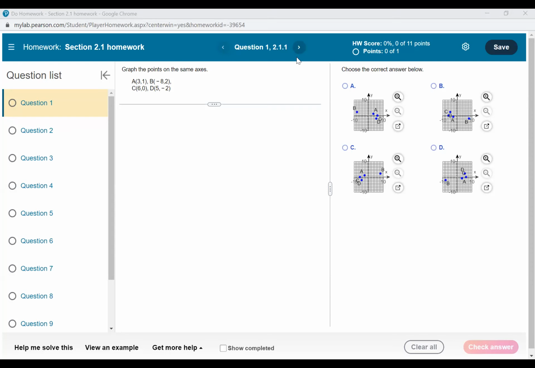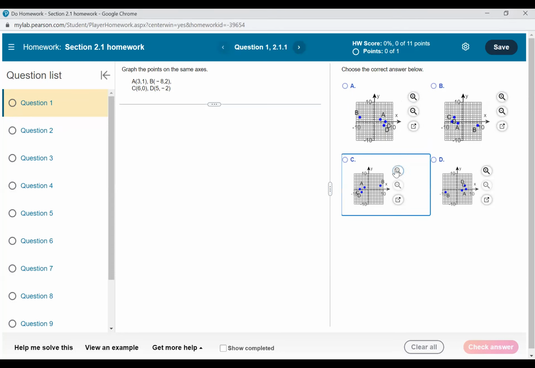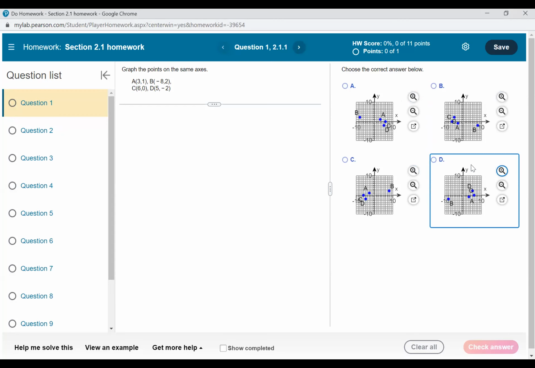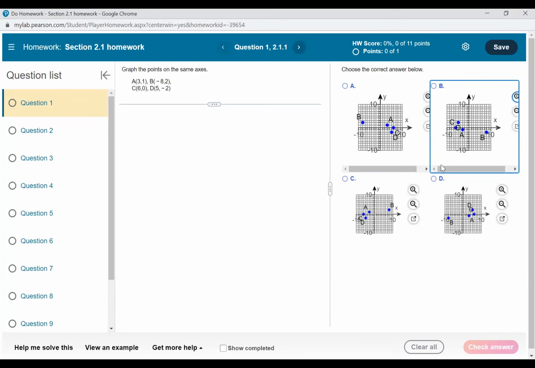So in MathLab, they're going to give you the 4 points, and you got to match which one of these graphs has your points correct. So let's look and see which one has the A right. So I'm going to make these a little bit bigger for us. Let me try that one more time. There we go.